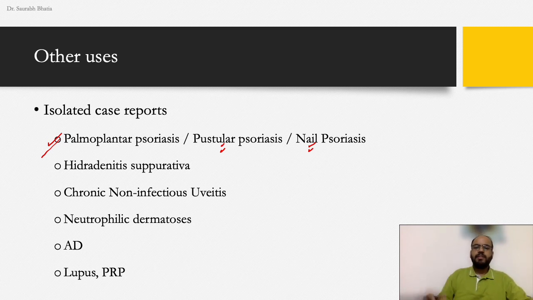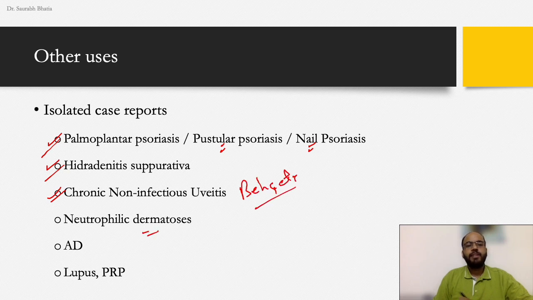These are all specific specialized indexes to look at clinical improvement in these parameters, and there are significant objective reductions in those parameters. Other disorders which you can mention in your viva are hidradenitis suppurativa and chronic non-infectious uveitis. One of the major causes of these is Behçet's.